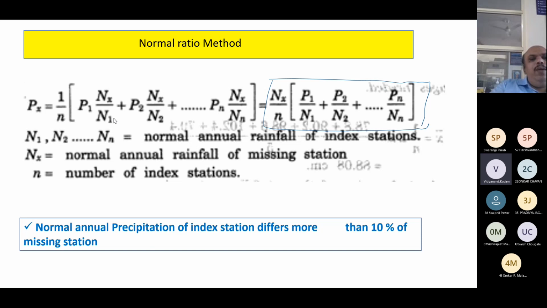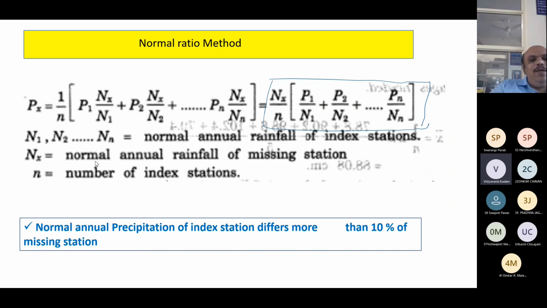So this nx upon n1, nx upon n2, nx upon nn, this is called as a normal ratio. Now what is this nx and n1? So nx is, see here, given normal annual rainfall of missing station.